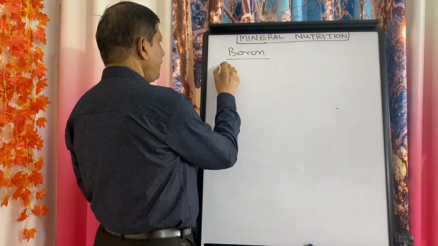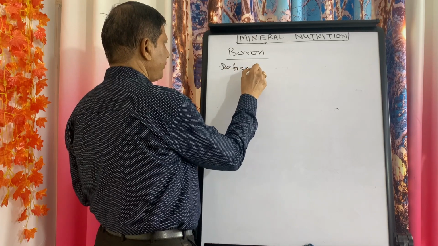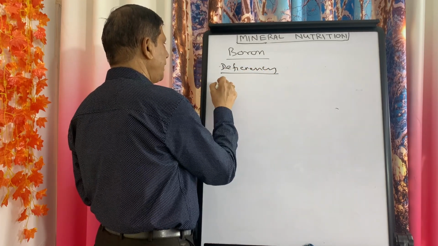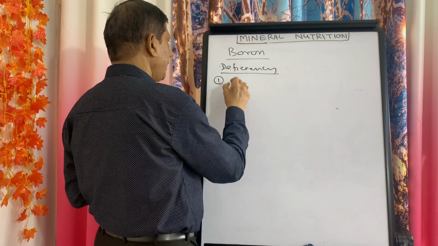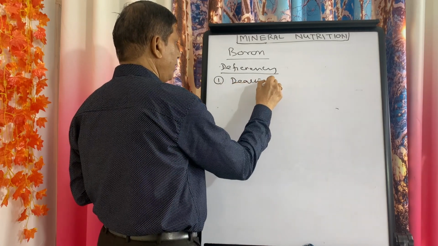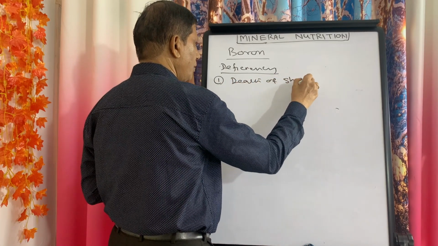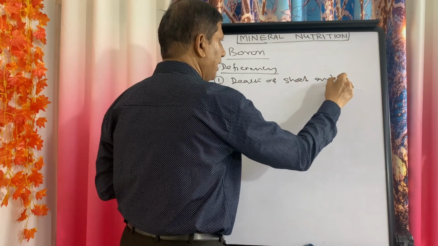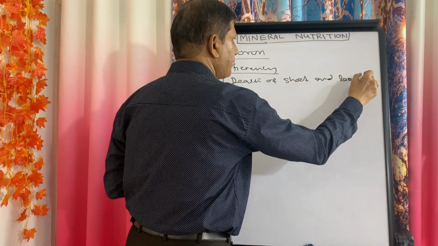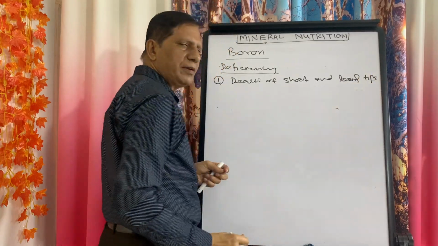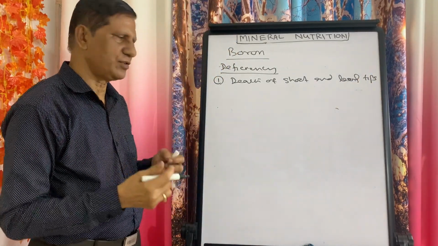So among the deficiency symptoms, one is there will be death of shoot and leaf tips. That means the shoot and the leaf tips will die first.